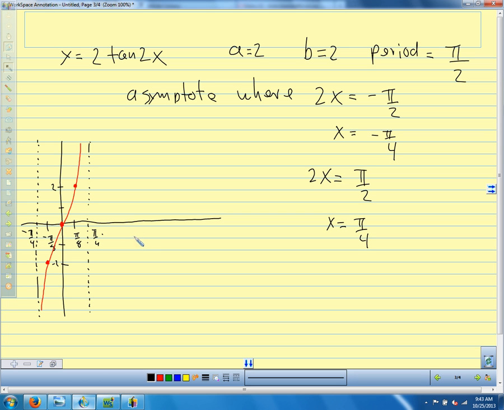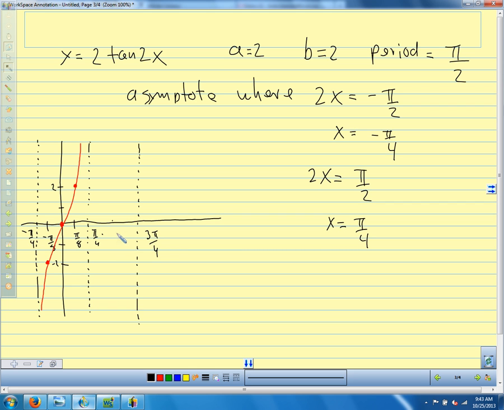Pi over 4, 1/4 plus 1/2 is 3/4. So I'm going to have another asymptote at 3 pi over 4. Halfway between pi over 4 and 3 pi over 4 is 2 pi over 4, which is pi over 2.